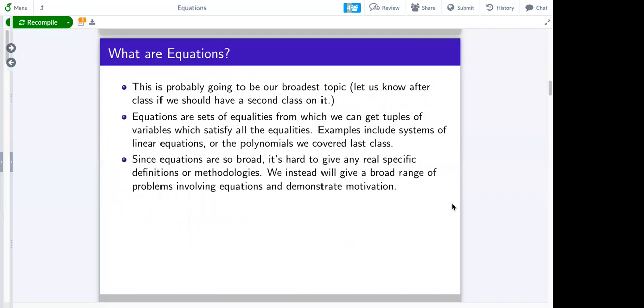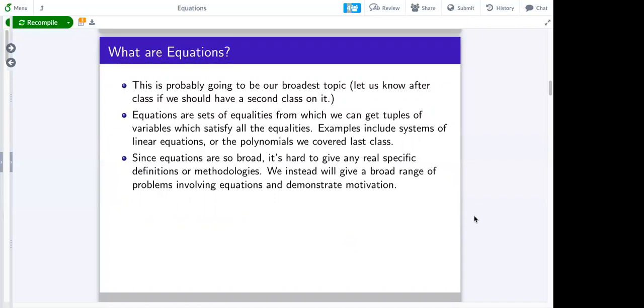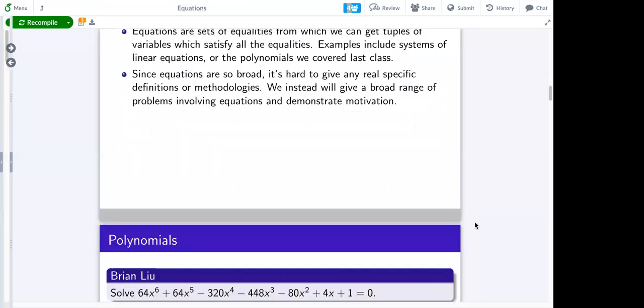The systems can be linear or they can be nonlinear. So there are a lot of techniques that we'll have to go into, because it's hard to say anything in general about all of them since there are so many different types of equations. So with that being said, I guess we'll move on to our first question.